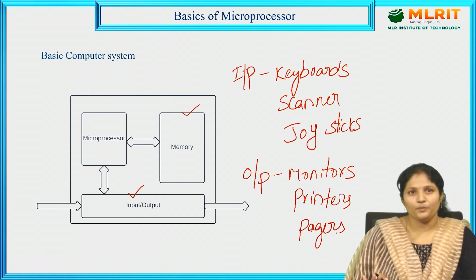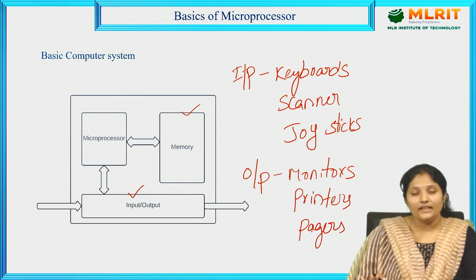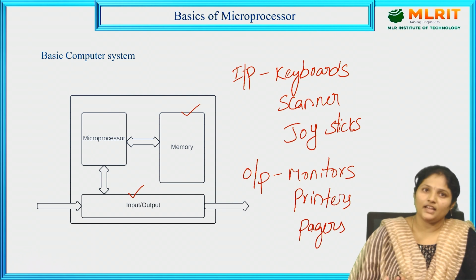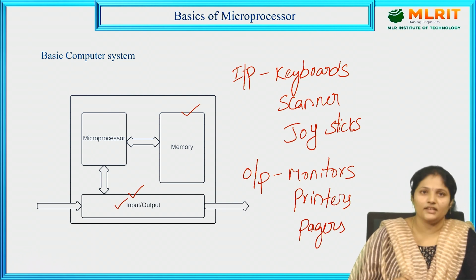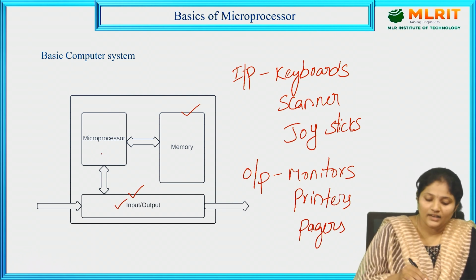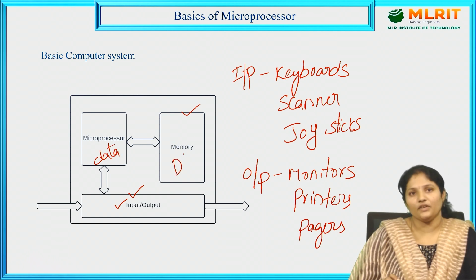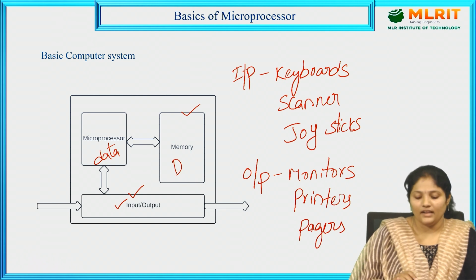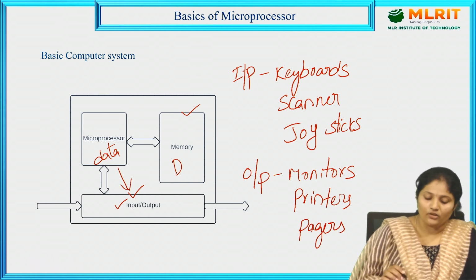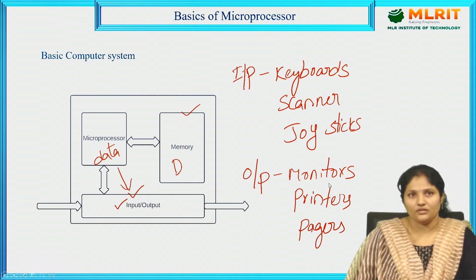A microprocessor is a programmable integrated chip which takes input from the input devices and processes the data which we have already stored in memory. It will fetch the data from the memory, process it, and transfer the data to output devices like monitors, printers or pages.